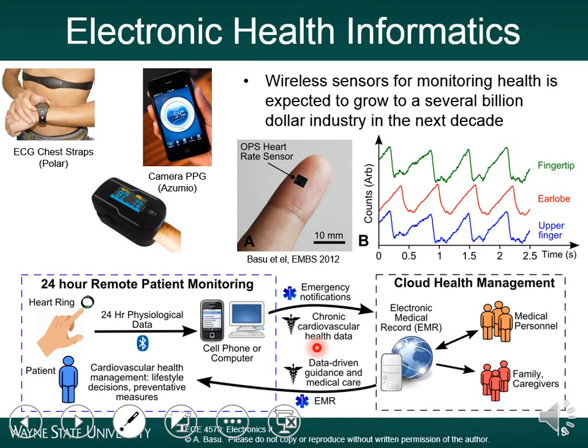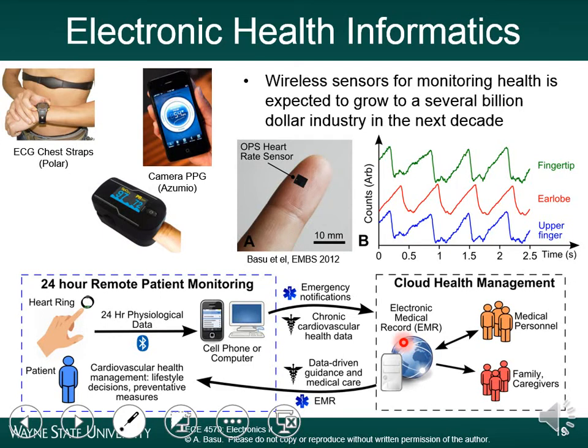There are home blood pressure monitoring devices. There are semiconductor devices that are used for monitoring blood glucose for diabetics. So the idea is that at home you have these wearable devices for monitoring various physiological parameters. These devices send data to your cell phone or computer, and then these send them along to central servers where your electronic medical record resides.